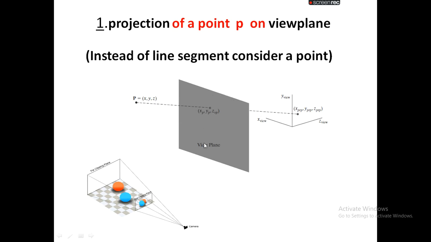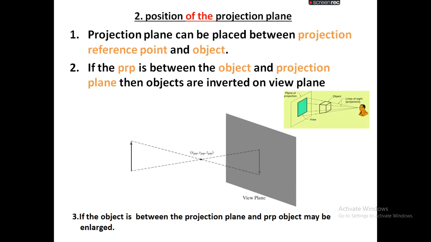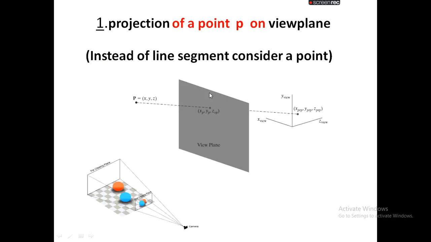This is one position of the projection plane. Like this, there are various positions where you can place the projection plane. The example is this only: we kept the view plane between the object and the projection reference point. This is one position.